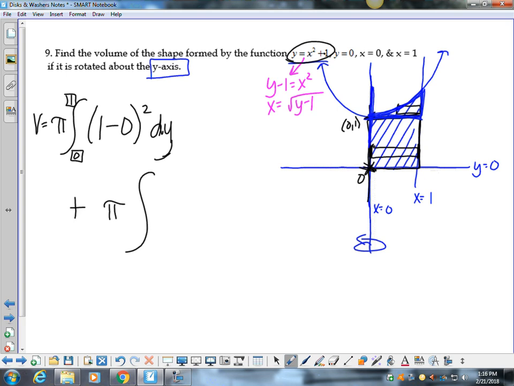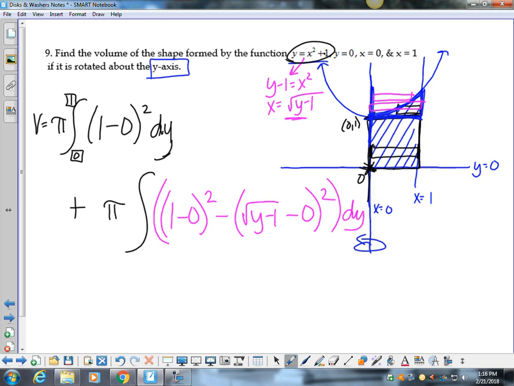And for a washer, I have to do all the way minus the hole. So all the way is going to be 1 minus 0 squared minus the hole, which is going to be, and again I have to have it in terms of y, the square root of y minus 1 minus 0 to the axis of rotation squared. Big parentheses, dy.